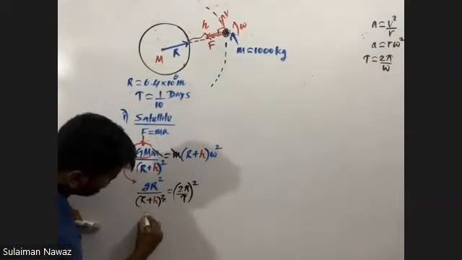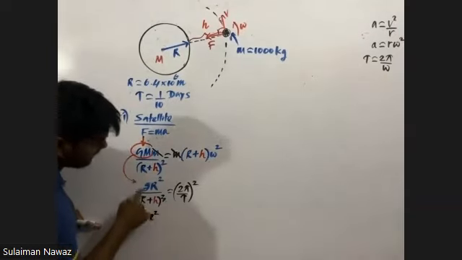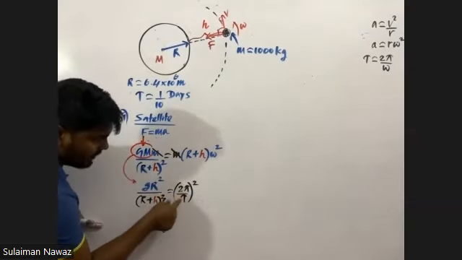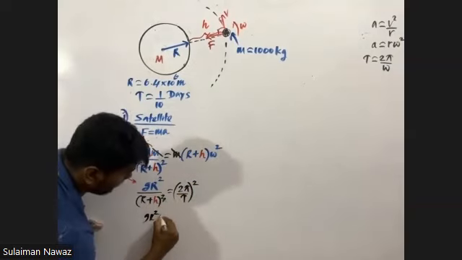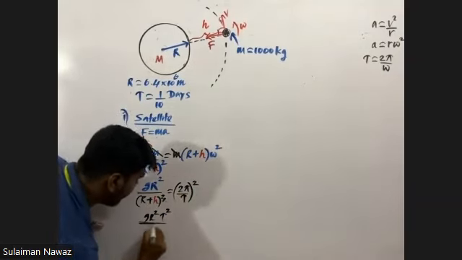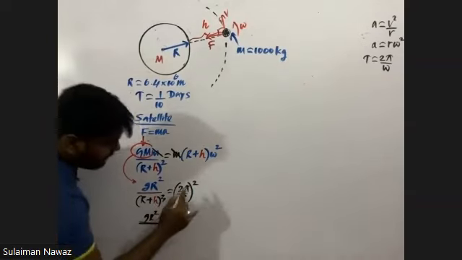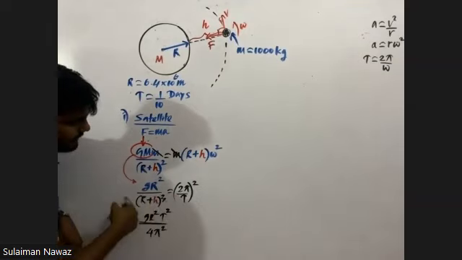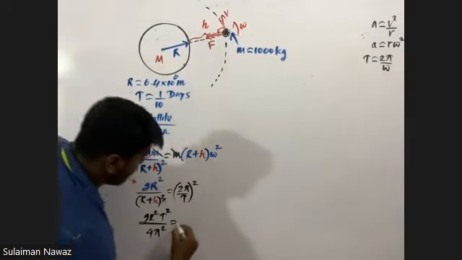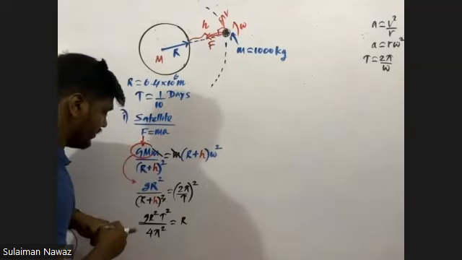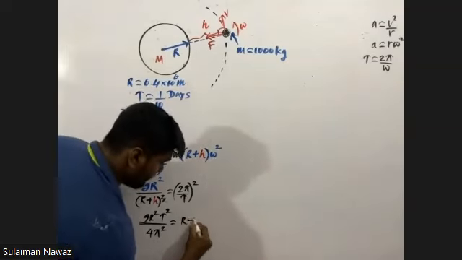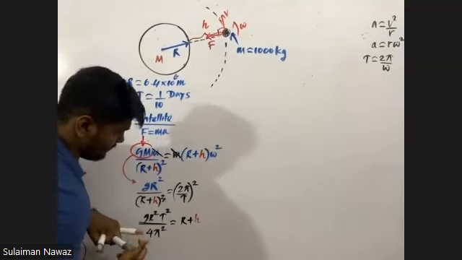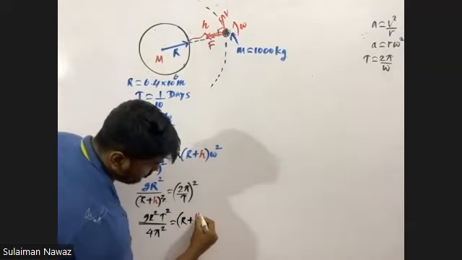I can write g capital R squared T squared over 4 pi squared equals (R plus small h) cubed.